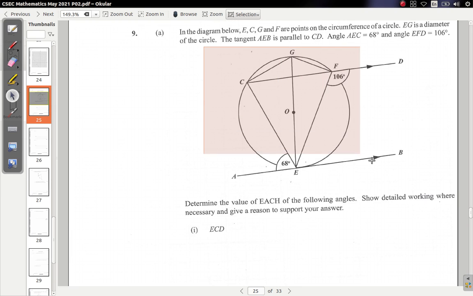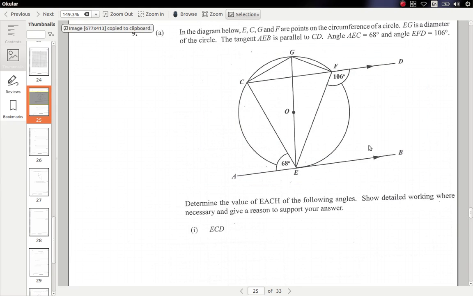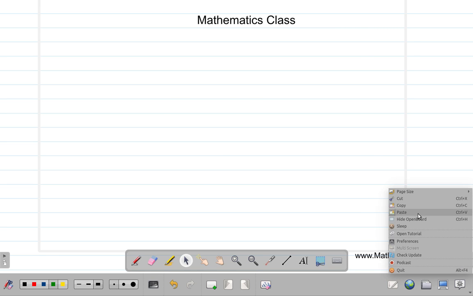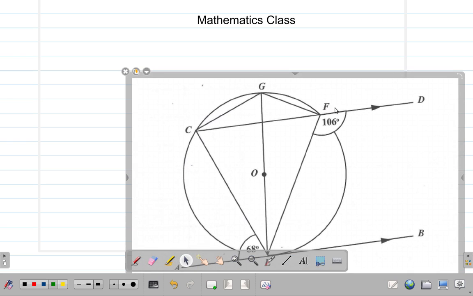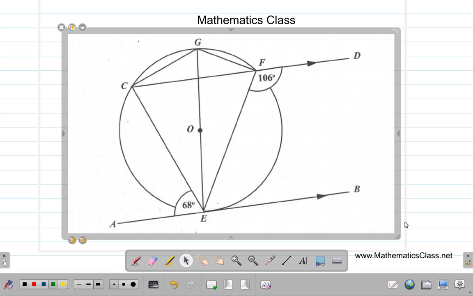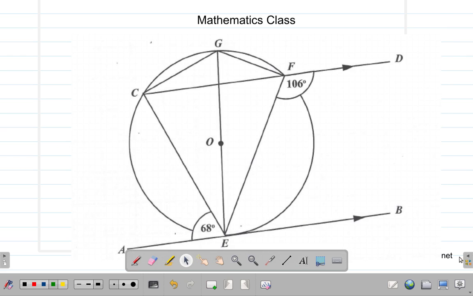Let me just copy this and put it over the next screen. Alright, so we have it here. What do they want?